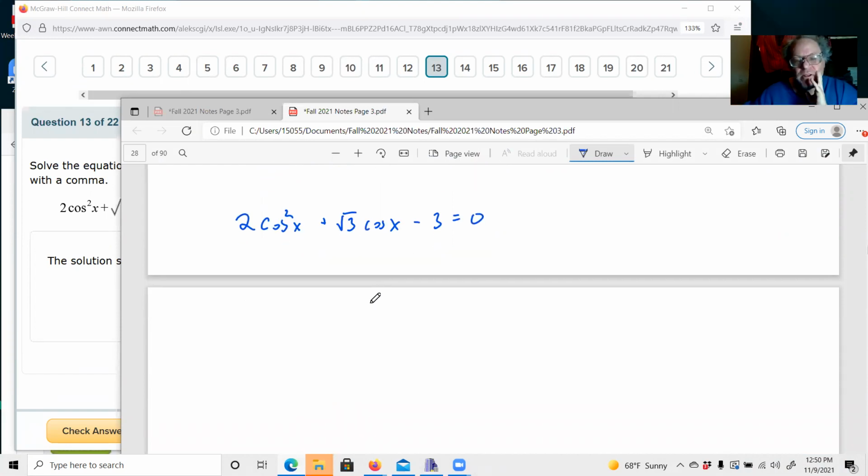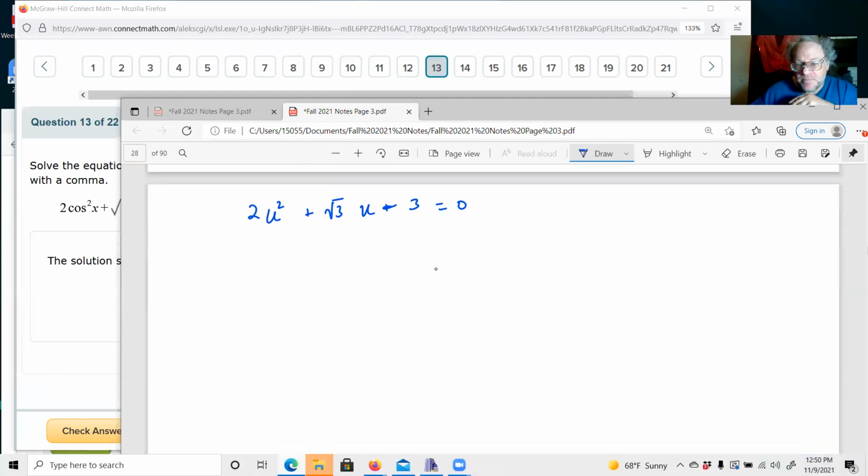If only there was some way to solve quadratics, like if we had some kind of a formula that we could use to solve for quadratics. So can you solve this equation? Now if we let u equals cosine x, we can solve this equation, right? We have to use the quadratic formula because I don't want to deal with this. So that's what we're going to do.